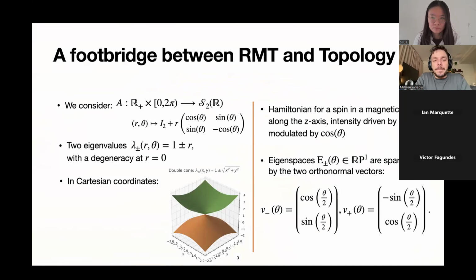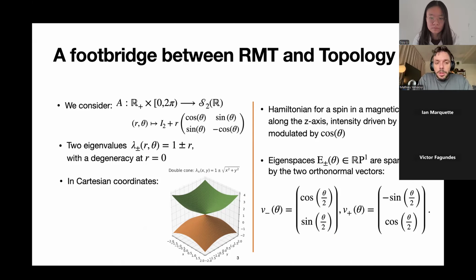All right, so we'll start with a fairly simple model, which I denote A here. This is a map from R plus times [0, pi] to the set of 2 by 2 real symmetric matrices. If you fix the radius r, you can see it as an application over the unit circle, as I'm simply identifying [0, pi] with the unit circle.